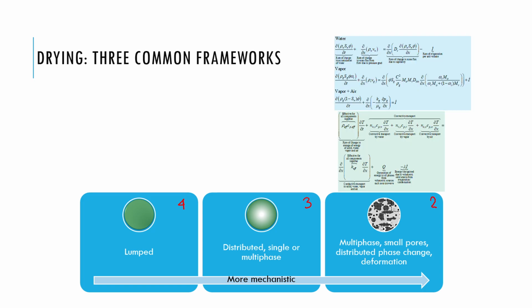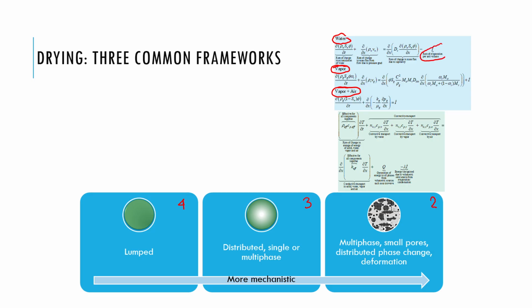At the most mechanistic end of the spectrum, we describe drying using multi-phase transport. So a phase of water, vapor, and air, or vapor plus air, transport with distributed evaporation.